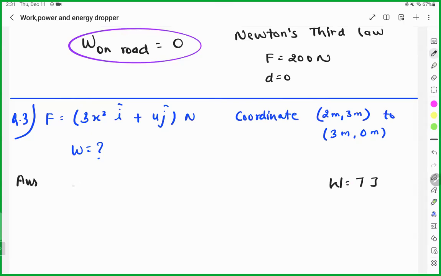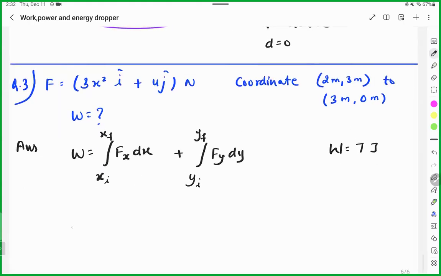So if you want to calculate work done, there will be Fx with respect to dx from x initial to x final. Correct? Same way, in the y-axis, Fy dy from y initial to y final. So, force value you already have.